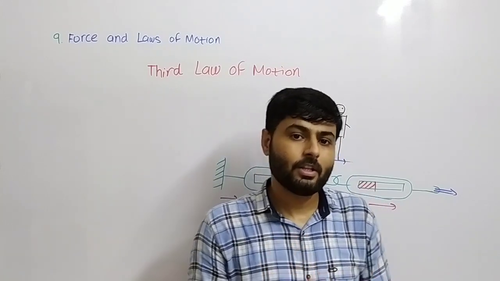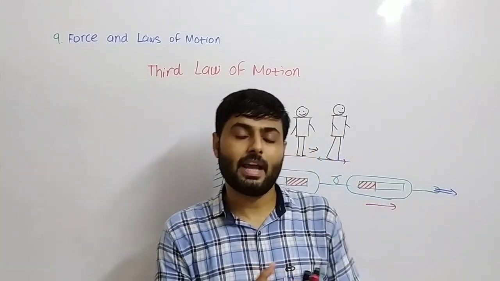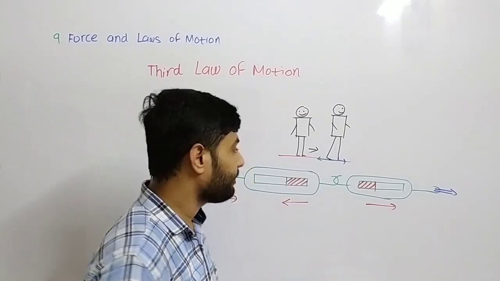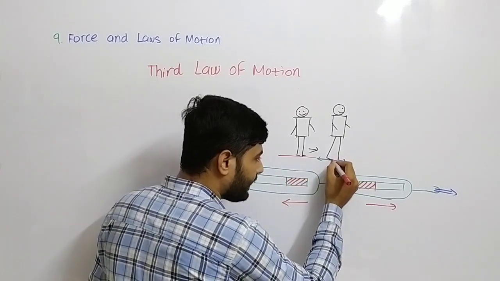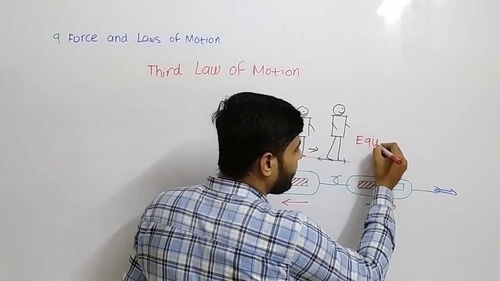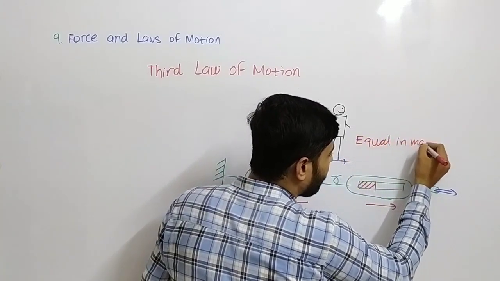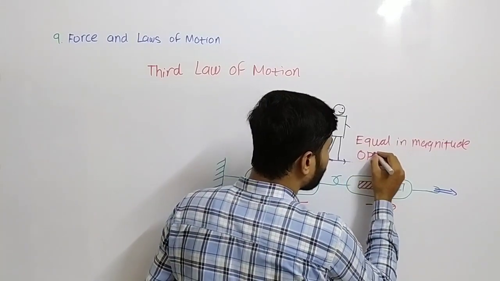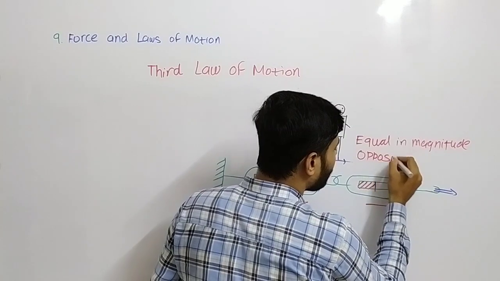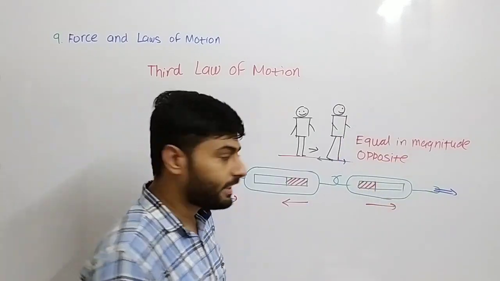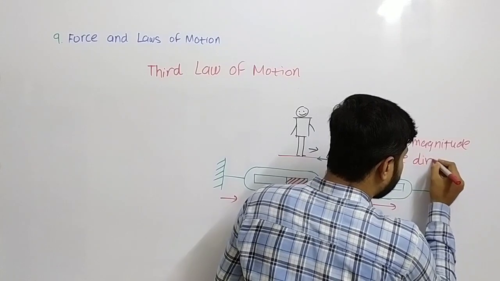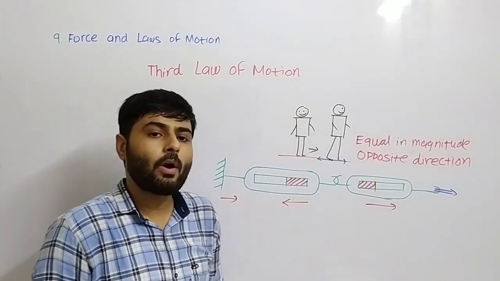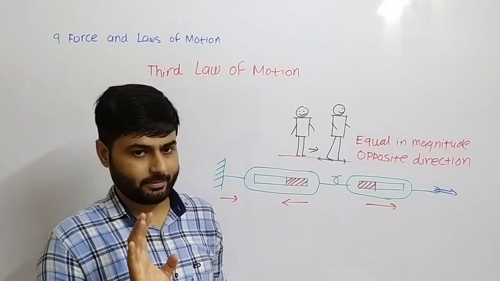We can understand the third law of motion by this example also. Now here we have to understand that this force is equal in magnitude, opposite in direction, and on a different object.